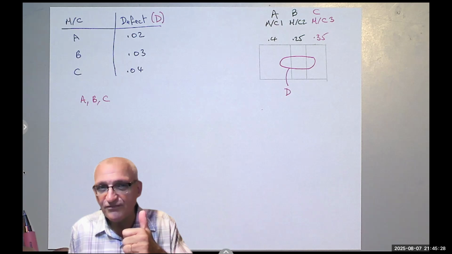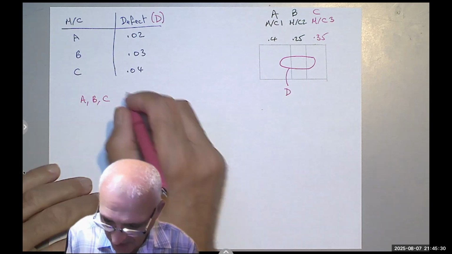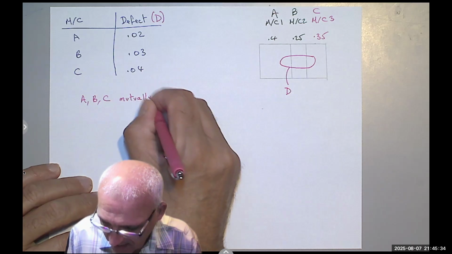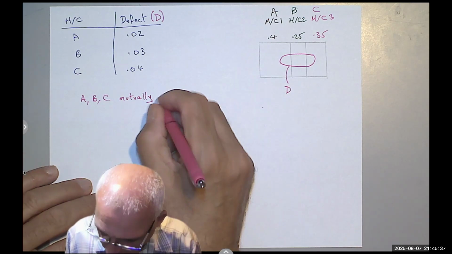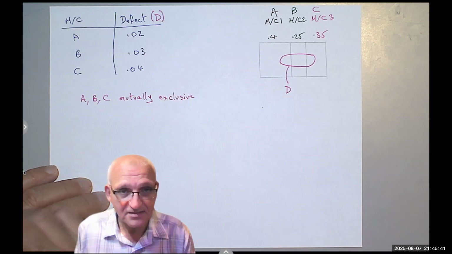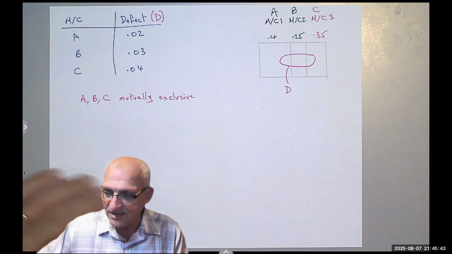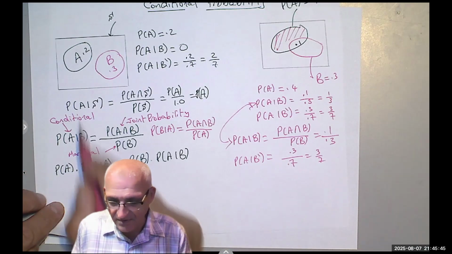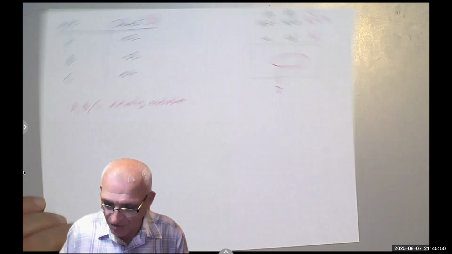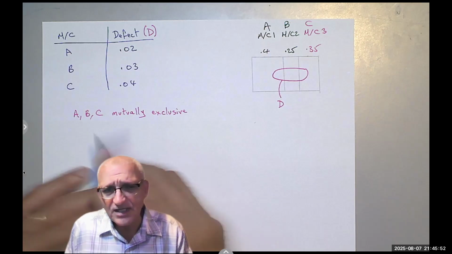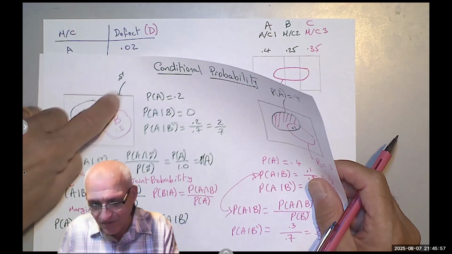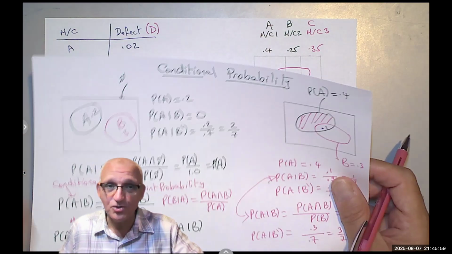Remember, we used a term before in the first session. We call them mutually exclusive because they don't have anything overlapping. But now we are going to add something else to it. Mutually exclusive are like these two, but you see, there are things outside of these two, so they are only mutually exclusive.